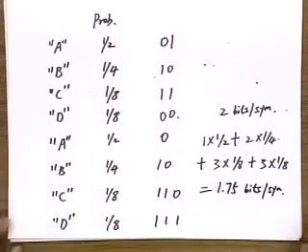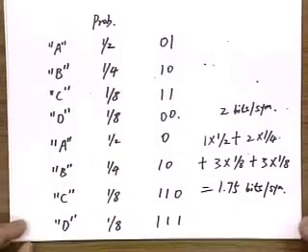So by doing this, we save 0.25 bits per symbol.